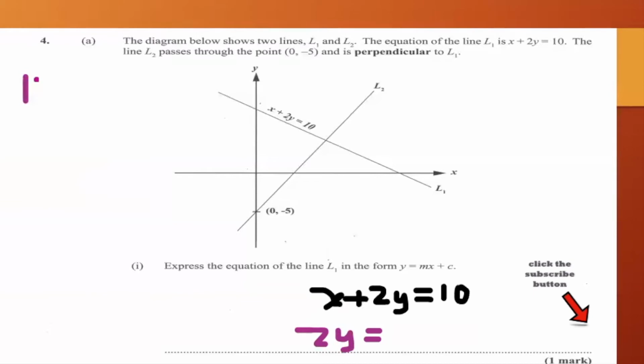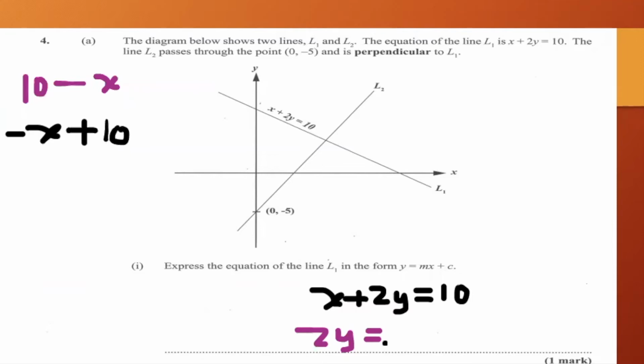Now, some persons will put 10 minus x because we carried over and the usual attempt is to put it here. However, because I want it in this form, I'm going to rearrange this where I would have minus x. And since the 10 is positive, we write plus 10. So right here, I'll have minus x plus 10.